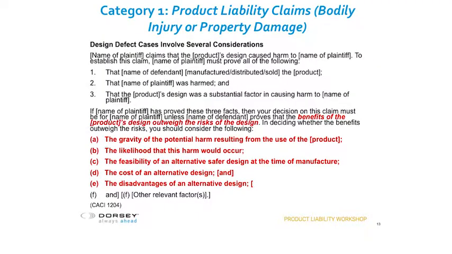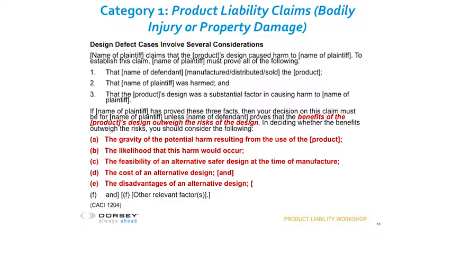And so I've included here the CACI jury instruction for design defects. What is a design defect? So this is what a jury would actually receive if your product was subjected to a design defect product liability claim, and the jury was forced to determine whether or not there was a design defect.